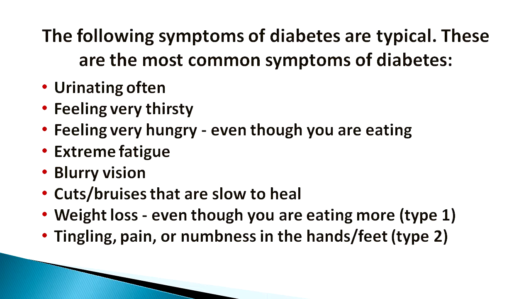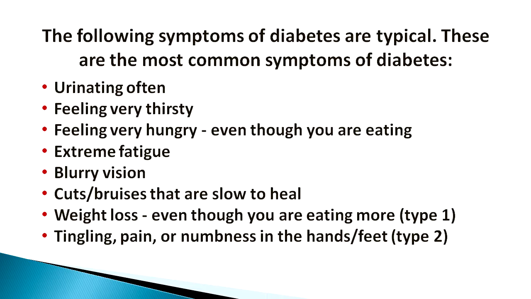And then kind of going back to type 1, just an FYI, weight loss, even though you're eating more, that's more of a type 1 type thing, so I kind of say that with a grain of salt.